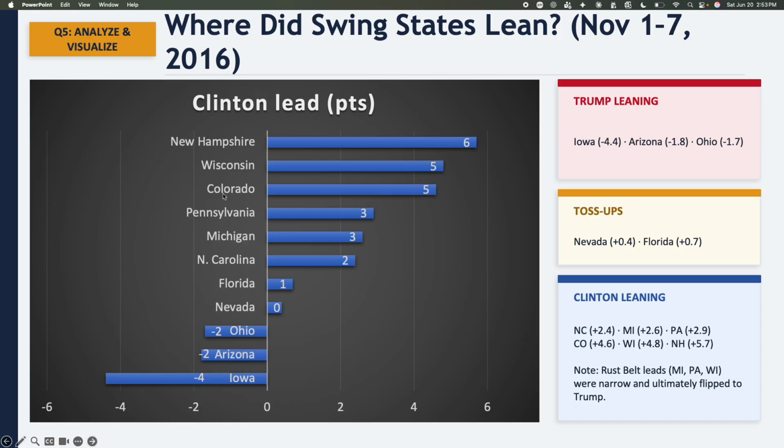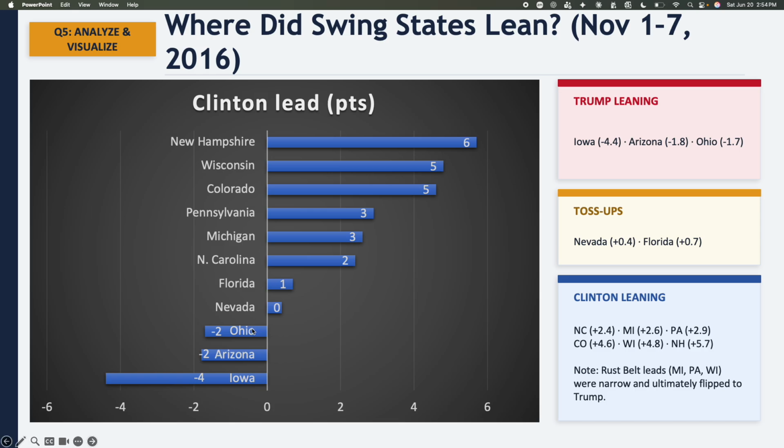Question 5: in the final week, November 1st through November 7th, the day before election day, which way were the swing states leaning and by how much? The bars to the left represent Trump's lead, and to the right represent Clinton's lead.